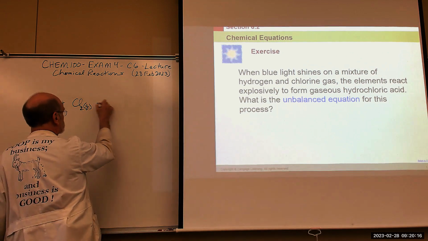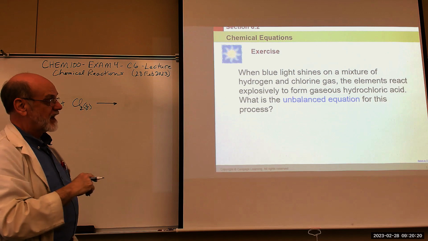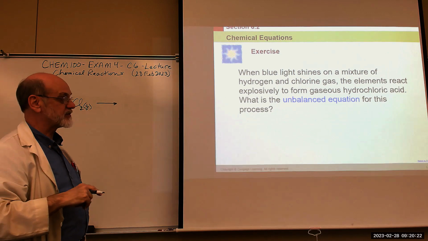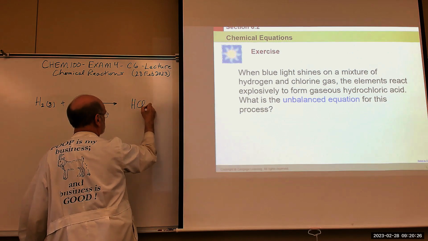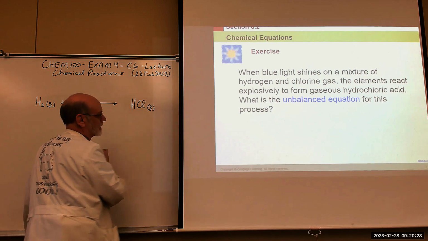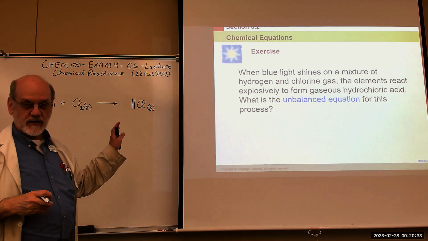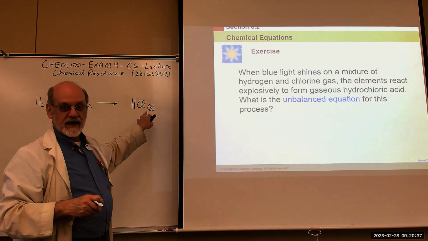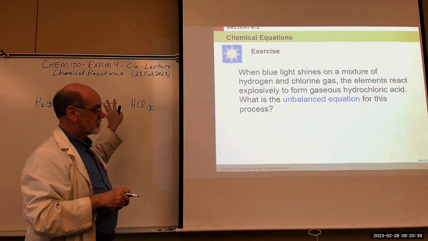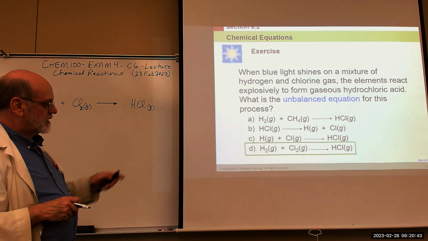So what are they going to do? Well, it's going to tell us they make hydrochloric acid, gaseous hydrogen chloride. That's the unbalanced equation. We've accounted for the reactants and the product and the correct formulas for each.